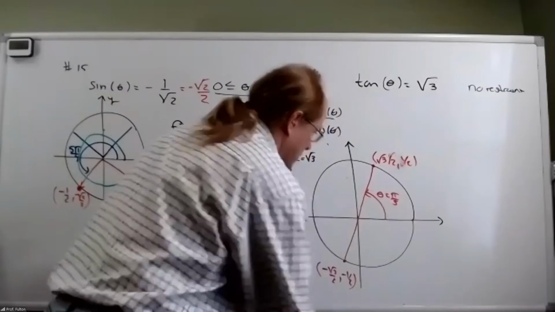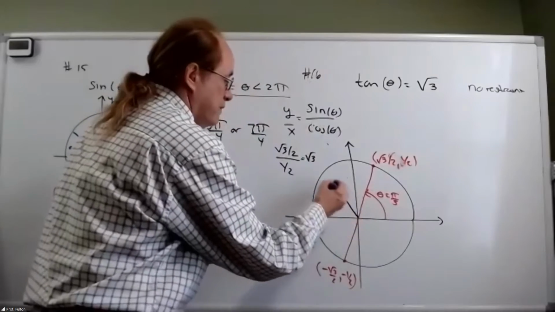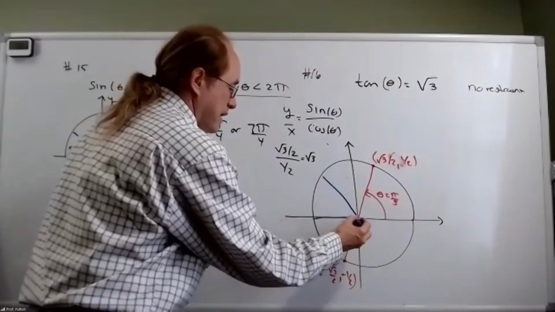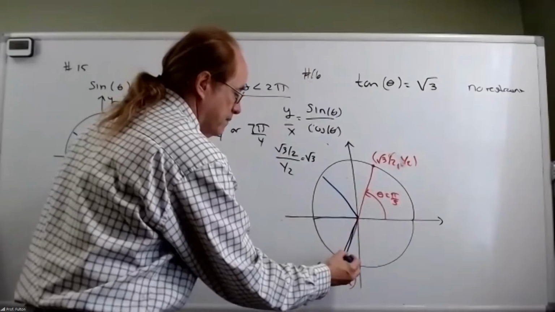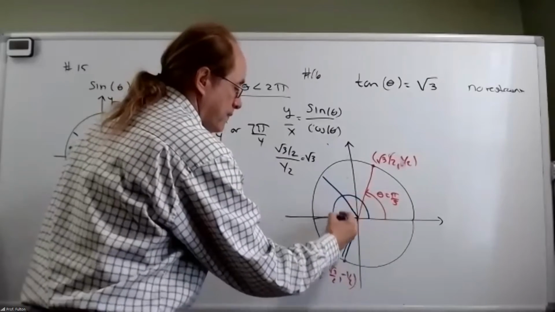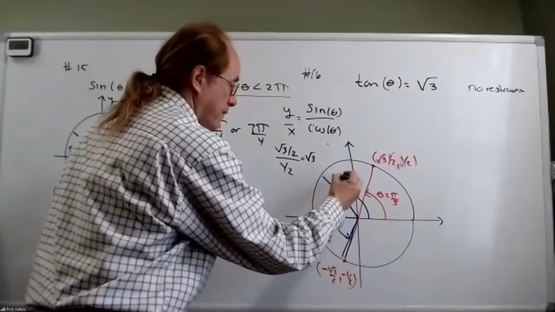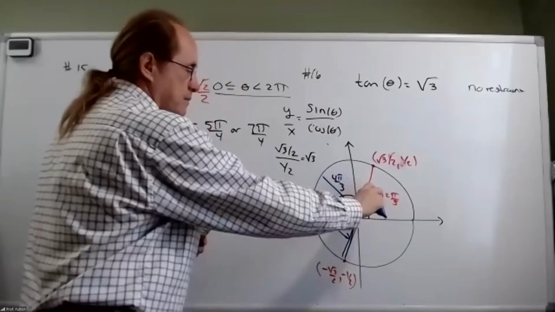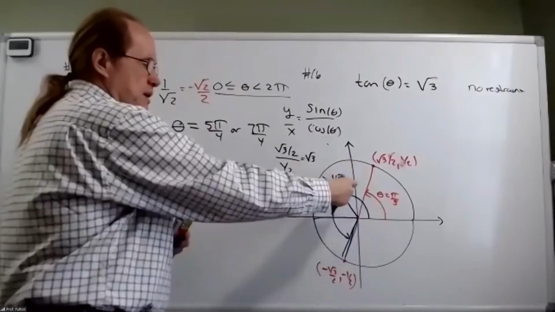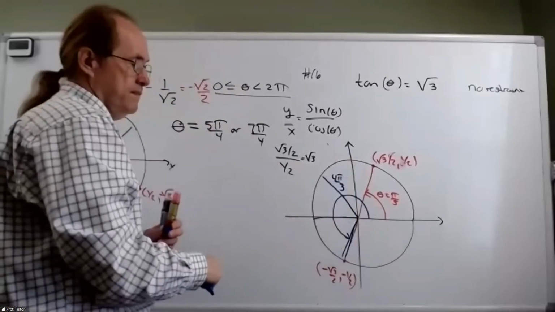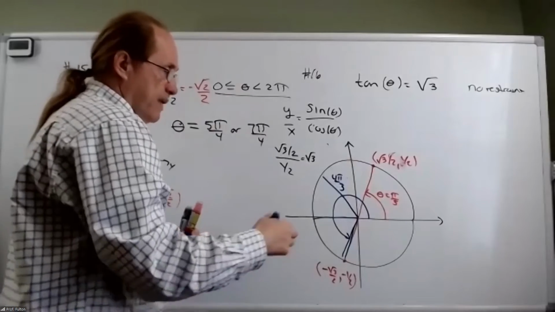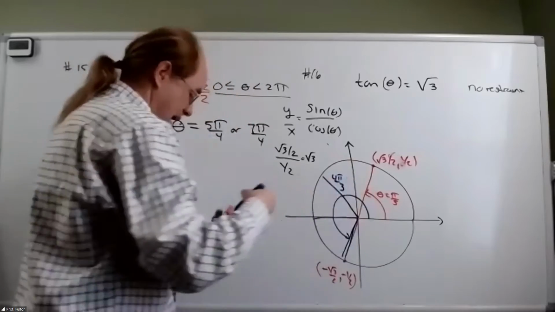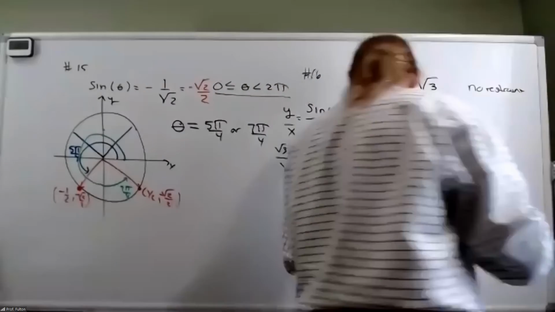You can see there's another one. This is 2 pi over 3, 3 pi over 3, and that's 4 pi over 3. Just counting pi over 3. So if you want 60, 120, 180, 240. So that's the other one. And those are my two angles here that start out with.